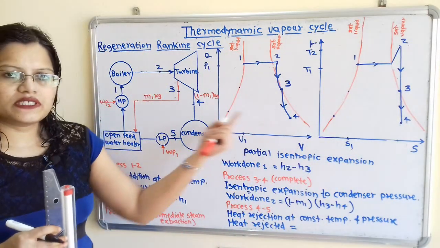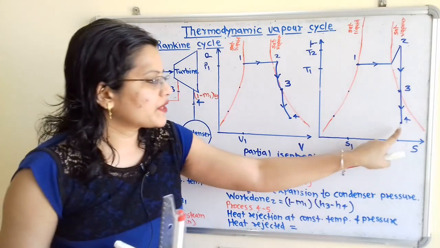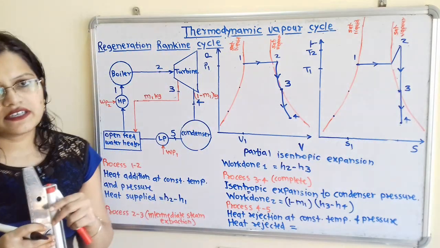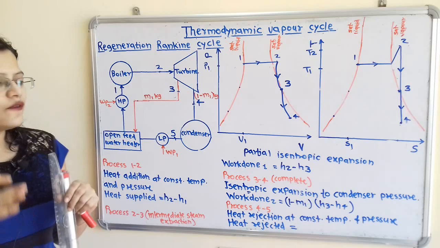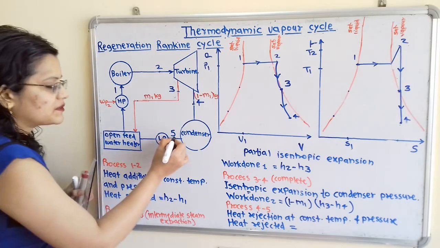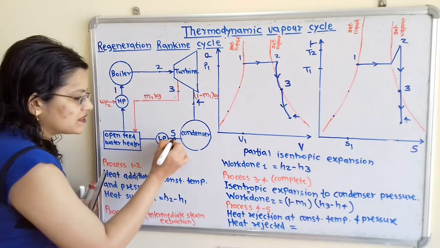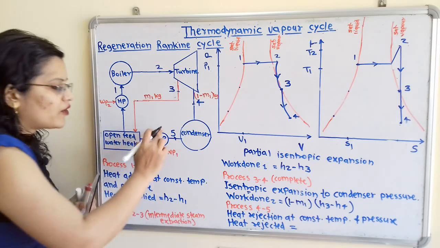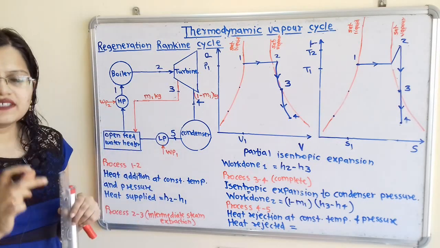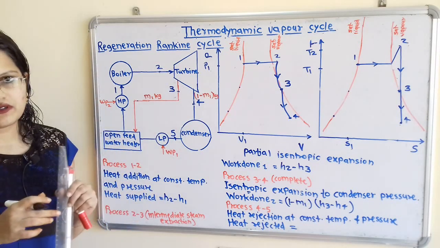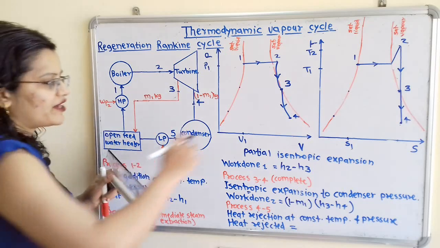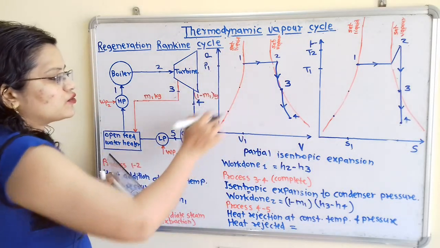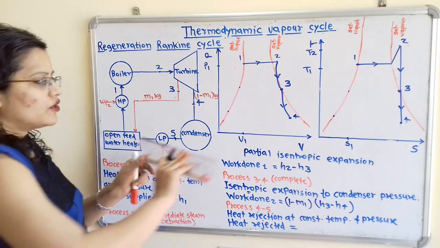So its volume is getting decreased as well as entropy will also get decreased. Now remember, what is the state or phase of working substance at point 5? So at point 5 we have to show phase, that is saturated water. So we have to extend this point 4 up to this saturated liquid line. So we will show here.